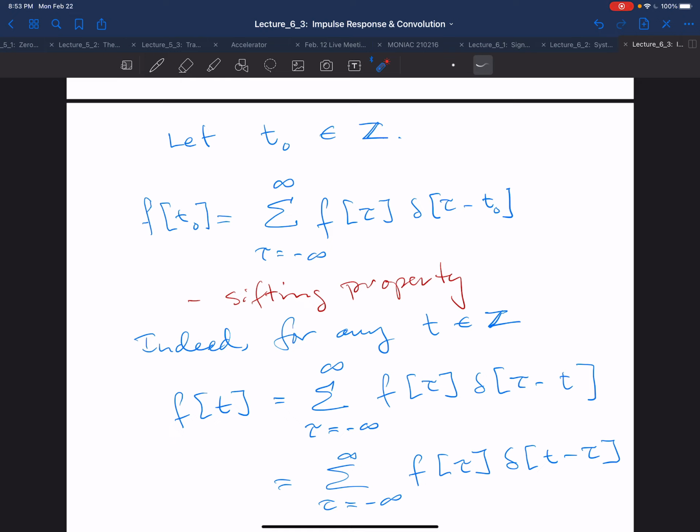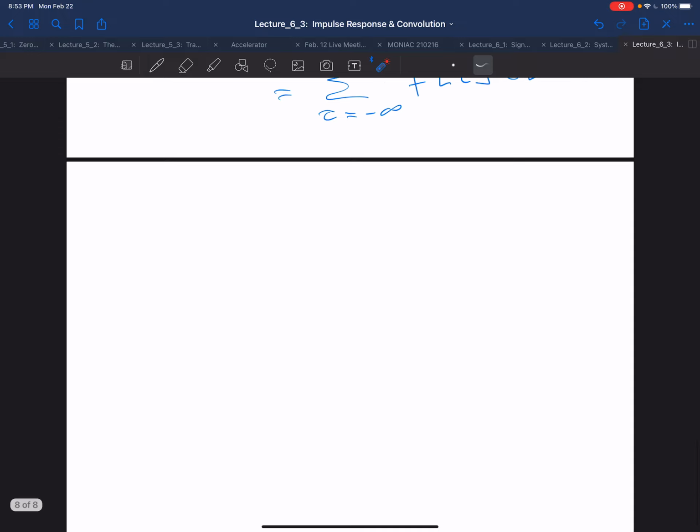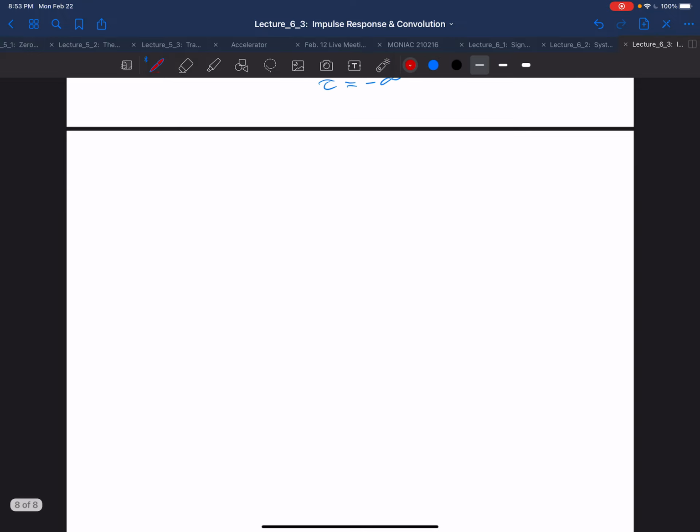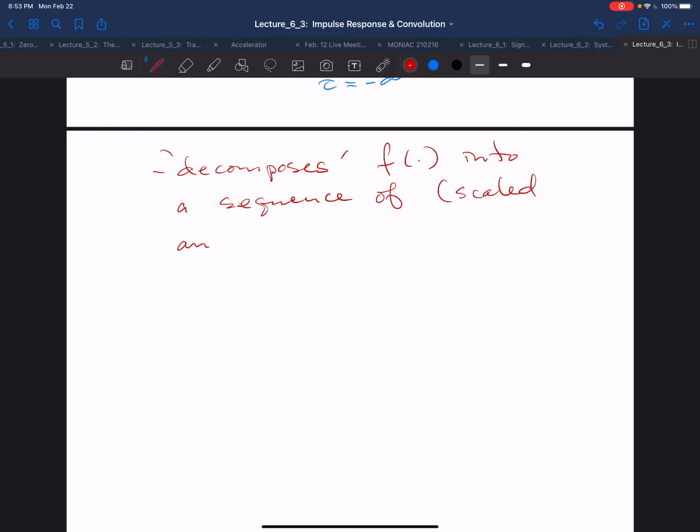So you can think of this as meaning we can decompose f into what's sometimes called an impulse train, a whole sequence of impulses, one for each value of tau occurring when t is equal to tau, and scaled by the amount f of tau. So if you like, this equation decomposes f into a sequence of impulses, suitably scaled and shifted.